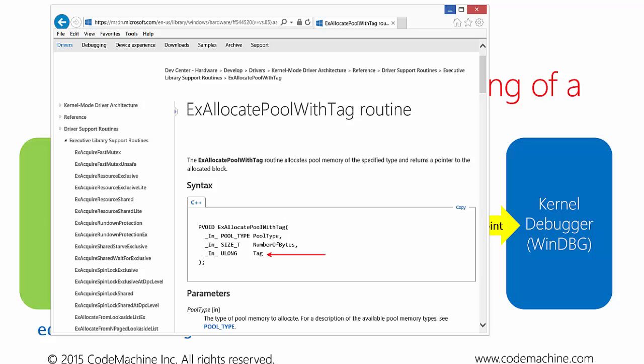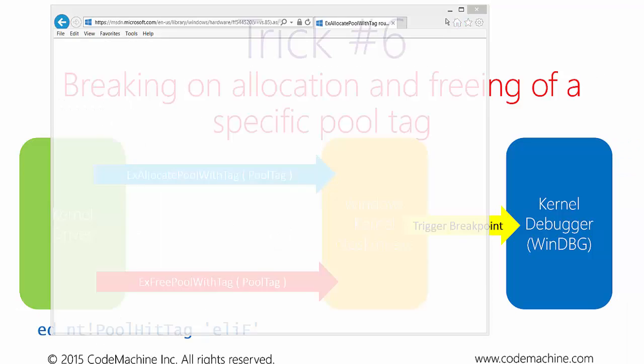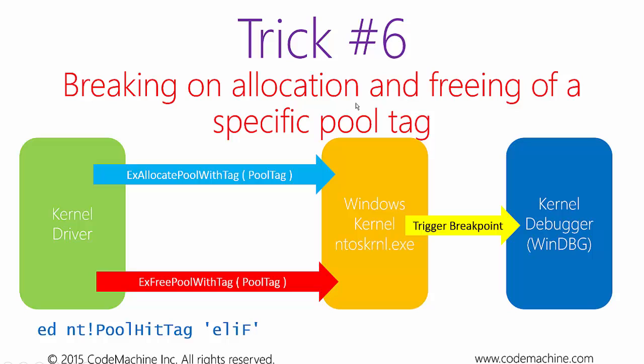A much better way to achieve this goal is to make use of a wonderful feature in the Windows kernel, which is a variable called PoolHitTag. PoolHitTag is a global variable in the kernel whose value can be set to any 4-character pool tag, and both ExAllocatePoolWithTag and ExFreePoolWithTag will trigger a breakpoint in the debugger when the pool tag passed to these functions matches the one in PoolHitTag.